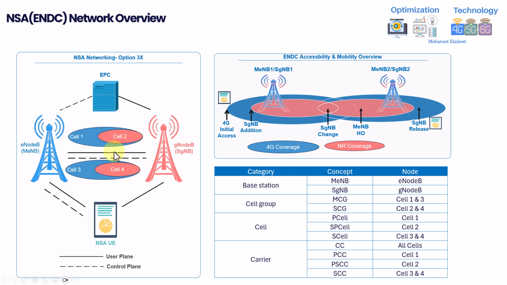In case of carrier aggregation, you will have cell 3 and cell 4, and these are always called secondary cells. Whenever you are looking in the traces and trying to find the configuration for the primary cell of the serving SgNB, this would always be called the SpCell, secondary primary cell. So keep this kind of definition or concept, especially for the cells, in your mind, because this will be very important regardless of the handover types, which we'll cover in the next slides in detail.